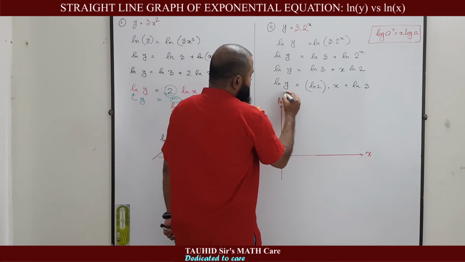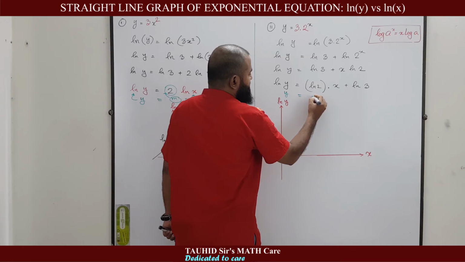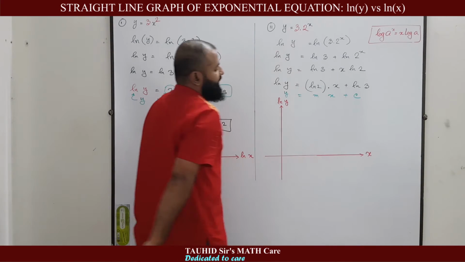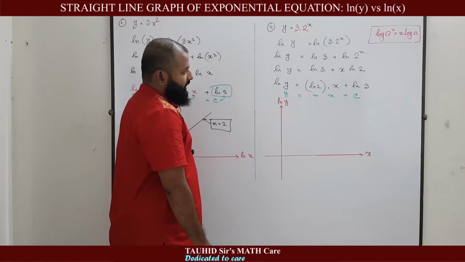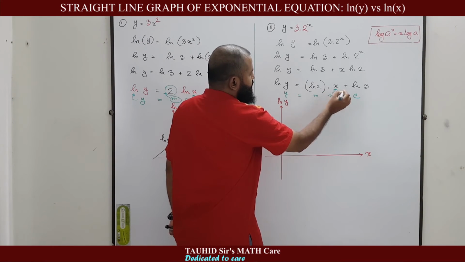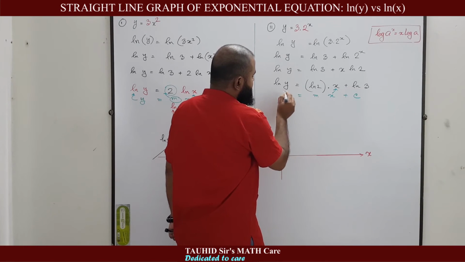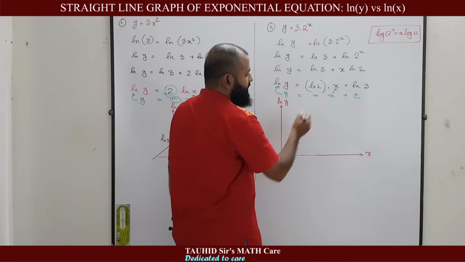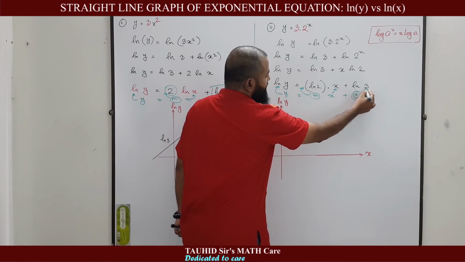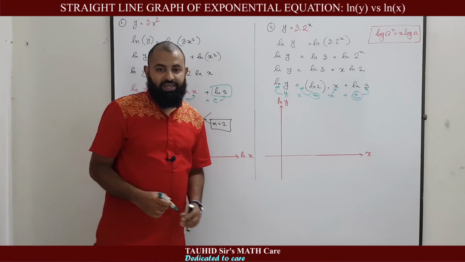We all know that the equation of a straight line is y equals mx plus c, and you can see here that on the x-axis we put x, so no problem here, and on the y-axis we put ln y. So the gradient will be ln 2 and the value of c, the y-intercept, will be ln 3.